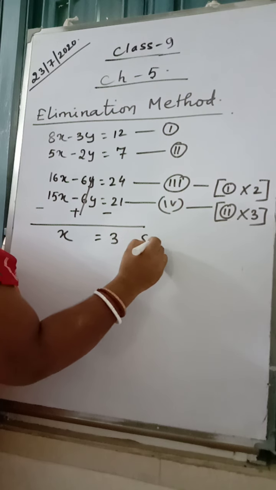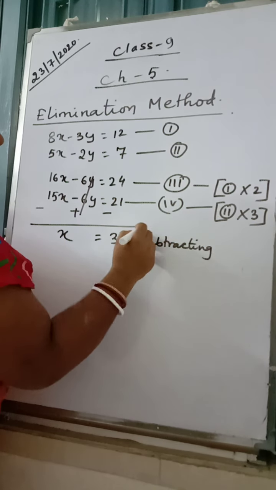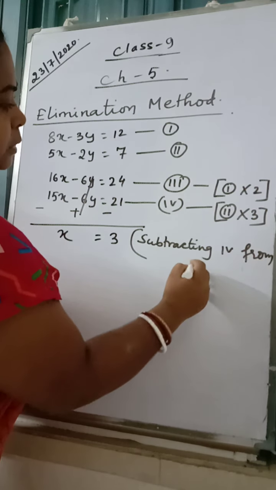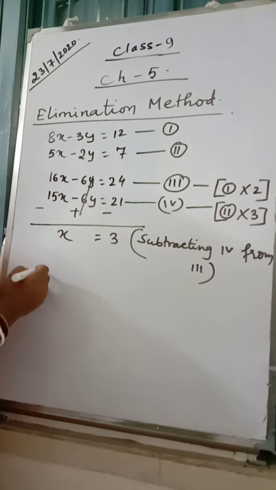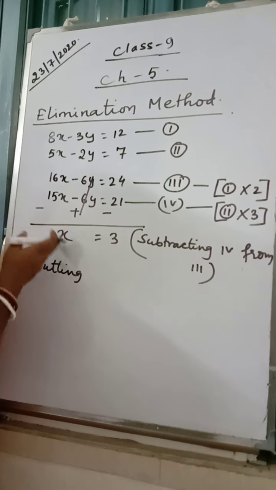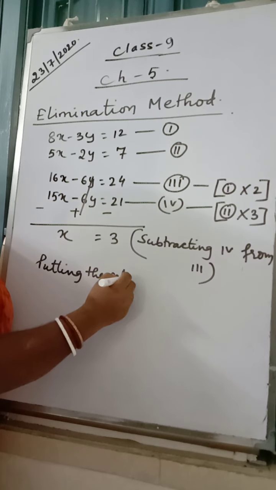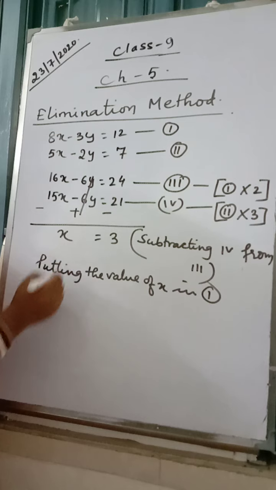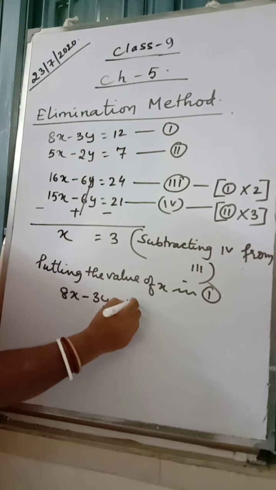Here you write: subtracting equation 4 from 3. Now we got the value of x, which is 3. Putting the value of x in equation 1, what was the equation? 8x minus 3y is equal to 12.